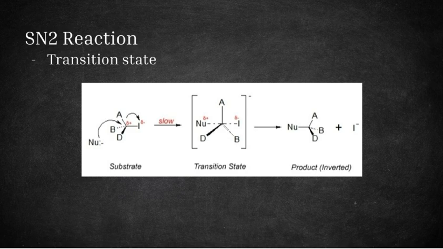This explains why less substituted alkyl substrates, such as methyl or primary alkyl groups, react at much higher rates than more substituted ones. The simultaneous involvement of both the nucleophile and the substrate in the rate determining step explains the bimolecular rate law for Sn2 reactions. The reaction rate depends on the concentrations of both the nucleophile and the substrate, making it a second-order reaction overall.